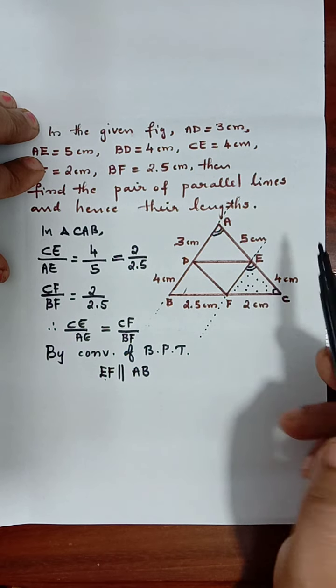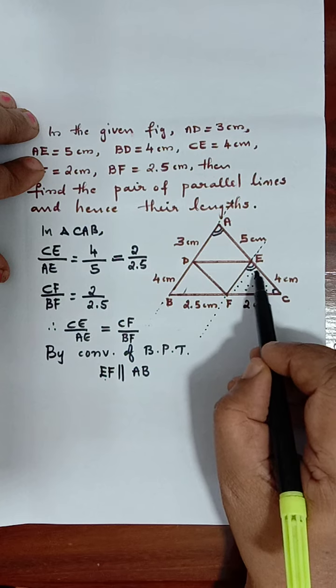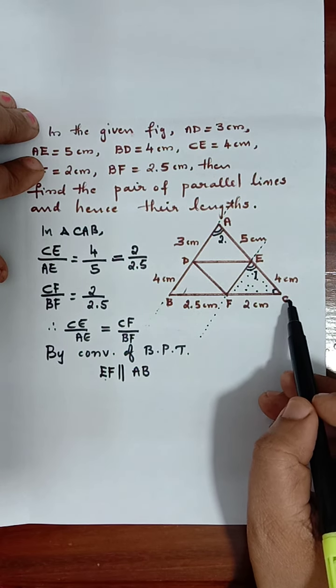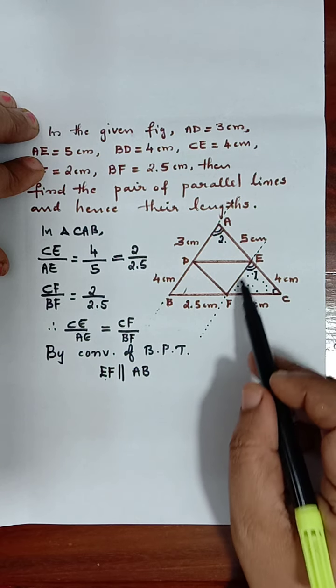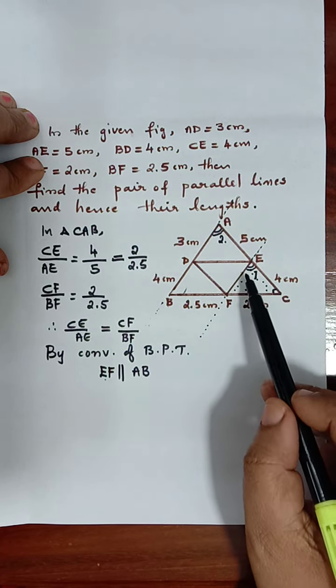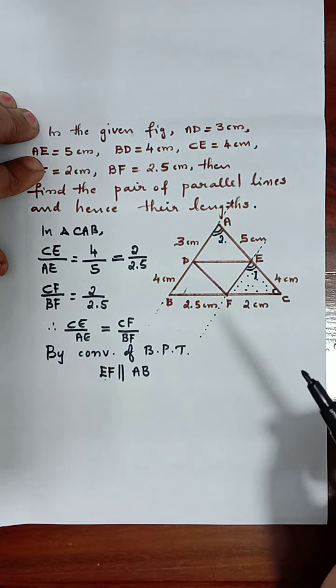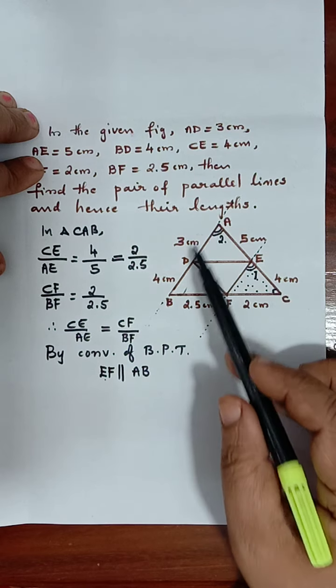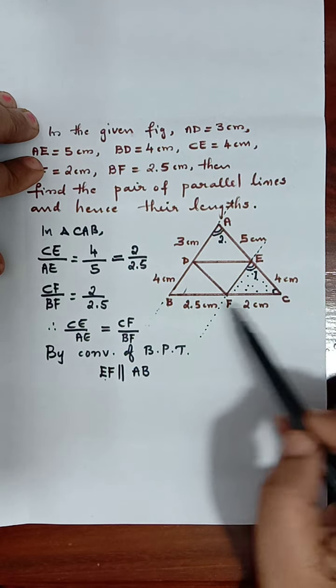Here you can see this angle. We can mark it as angle 1 and angle 2. Angle 1 is of the small triangle CEF, and angle 2 is of CAB. So these two angles are equal. First point: angle C is common for the small triangle as well as triangle CAB.